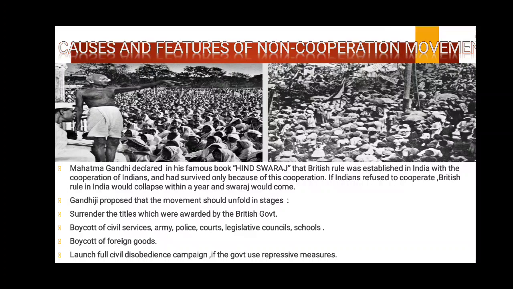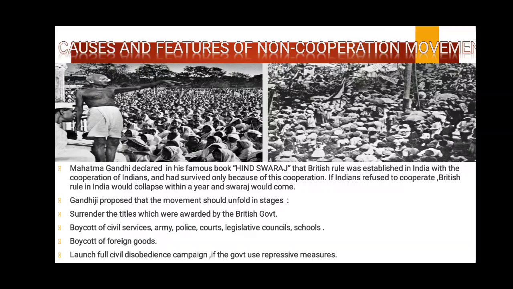So the East India Company established its rule and survived in India because of the cooperation of Indians. If Indians refused to cooperate, British rule in India would collapse within a year and Swaraj would come. So Gandhiji planned for this movement.